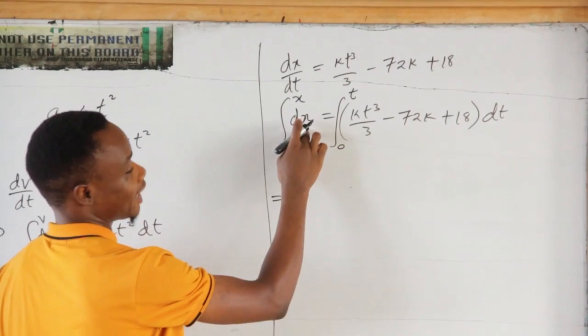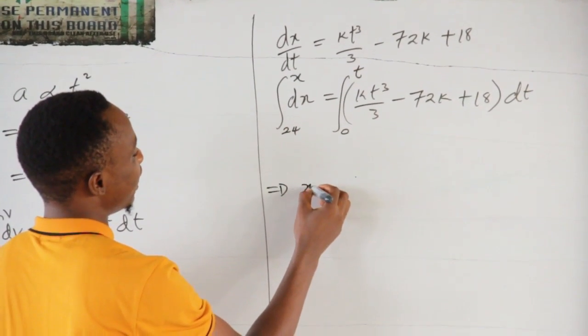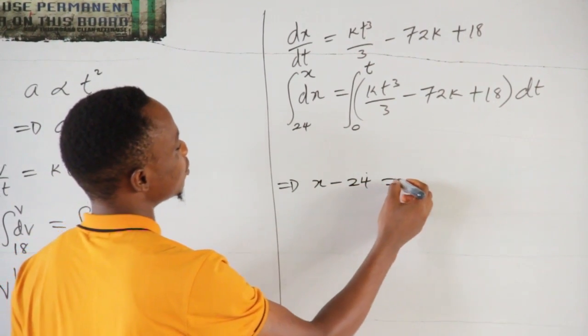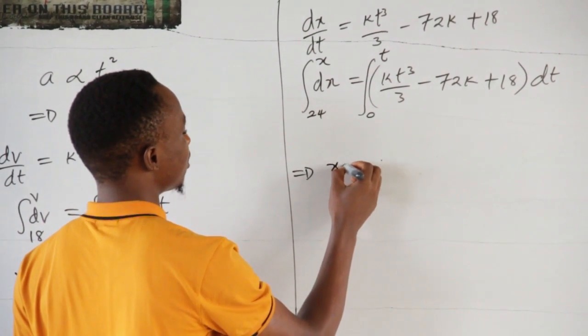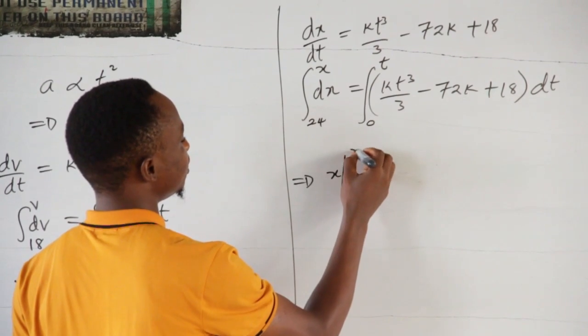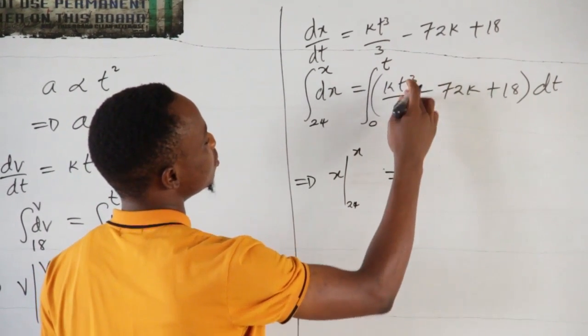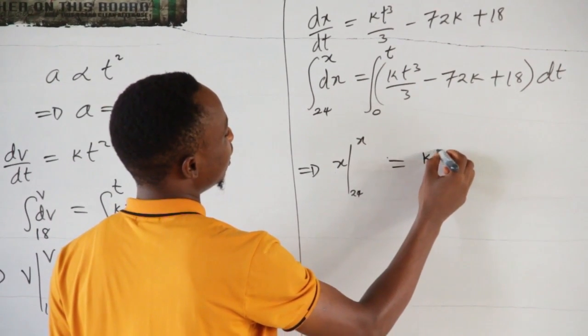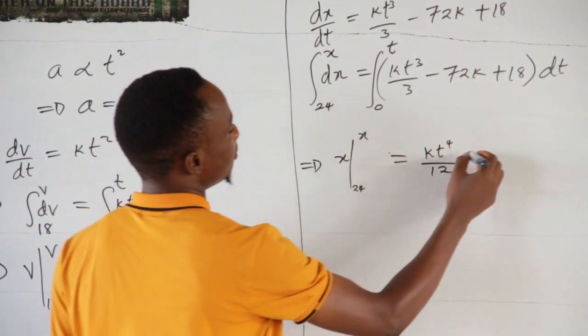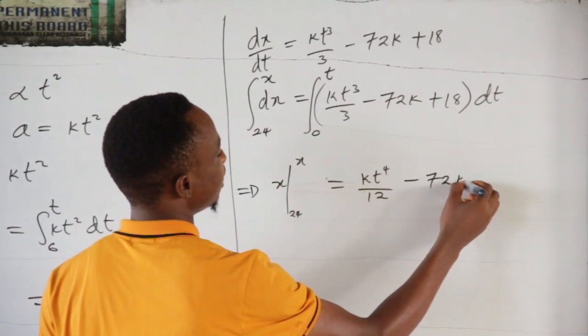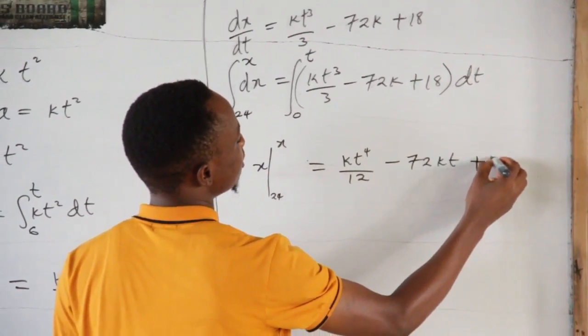So this is going to give us something like this. So that will be x minus 24 is equal to, I just inserted it directly, but let's not confuse ourselves. It's going to be equal to, we can integrate it, that will be kt to the power 4 divided by 12. Does that make sense? Minus 72kt plus 18t.